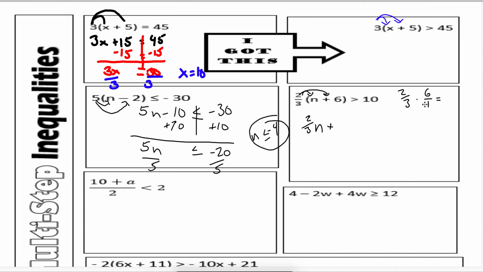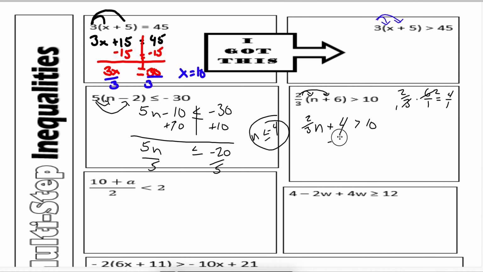If we multiply 2/3 times 6 over 1, we can reduce beforehand. These cancel out. Make that a 1, make that a 2. Well, 2 times 2 is 4. 1 times 1 is 1. 2/3 of 6 is just 4, which is greater than 10.